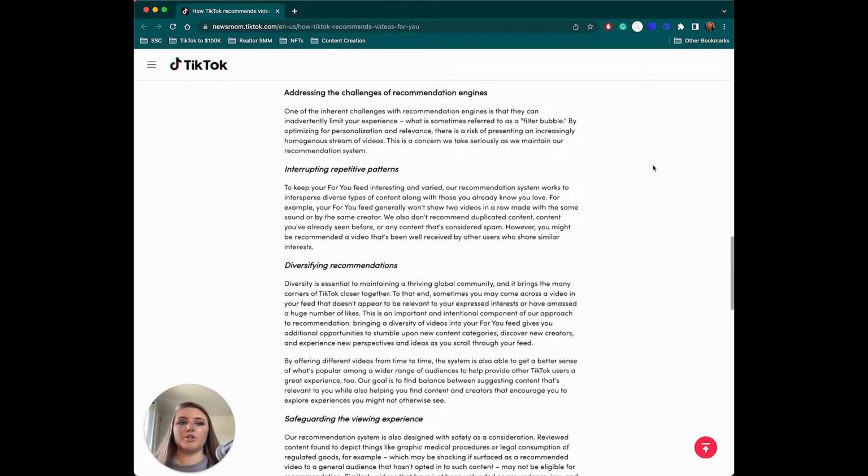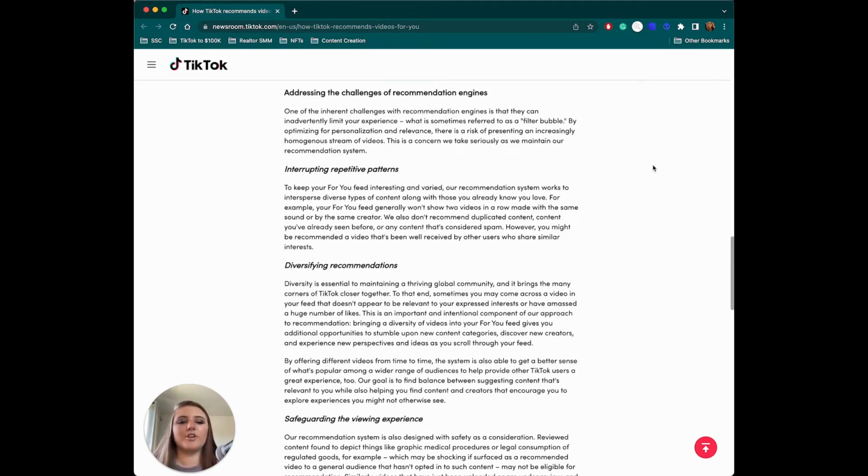If a user is only liking videos about dogs and the recommendation system is only sending them videos of dogs, they're missing out on tons of other content. That also means that when you're posting a video, it's not going to get seen by as many people, because the system just says, okay, this person likes dogs, I'm going to send them dog videos, or this person likes cats, I'm going to send them cat videos.